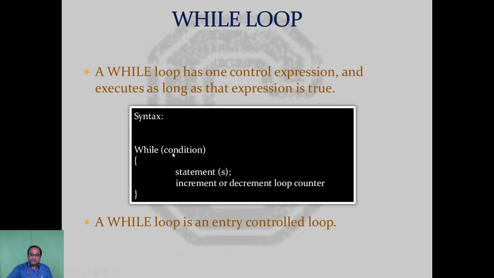If the condition is false, it will terminate, and then the output will be displayed to the user. So we call this an entry control loop: before entering the statement, the condition is checked, and after that the statement is executed.